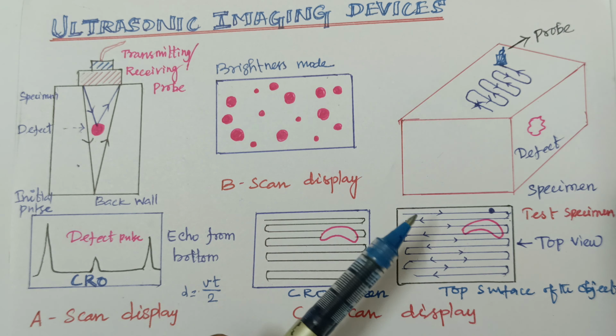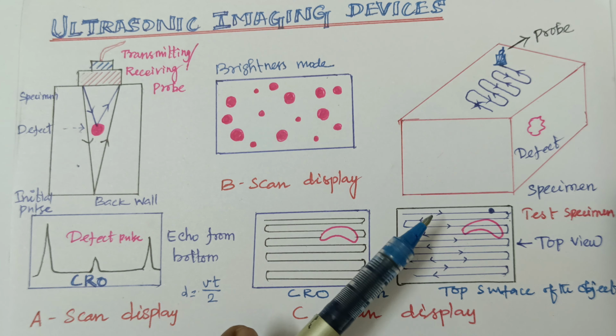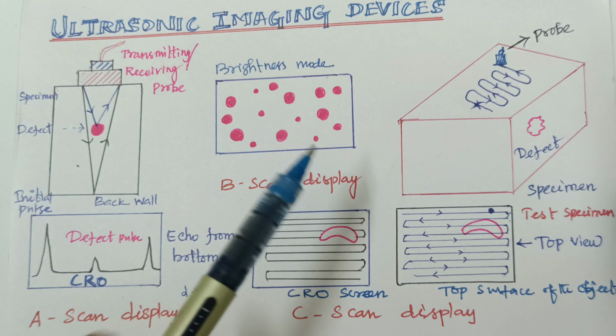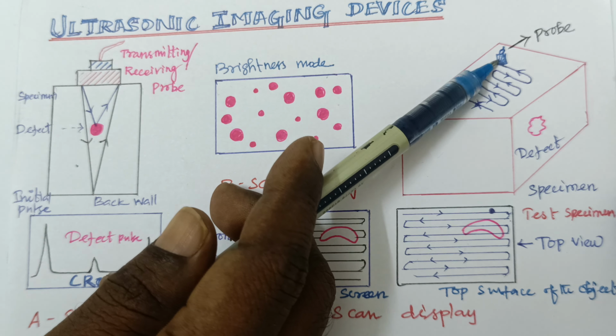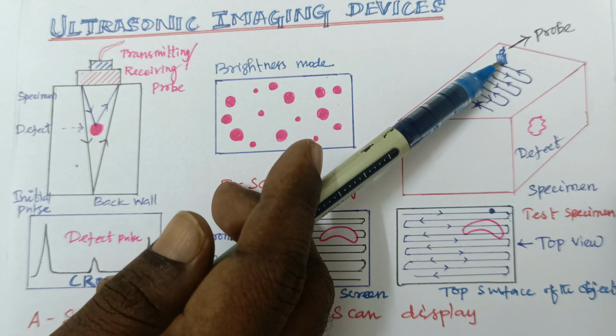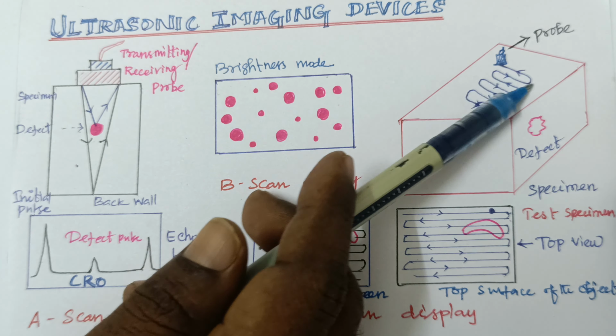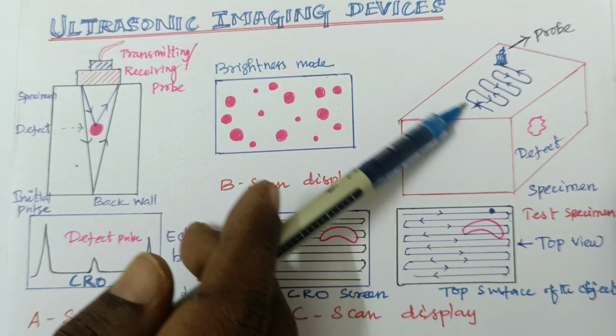In this method, the ultrasonic waves are adjusted such that the ultrasonic pulse reaches a particular depth from the surface of the specimen. Here we are using one probe, and the ultrasonic probe is connected to an XY platter.